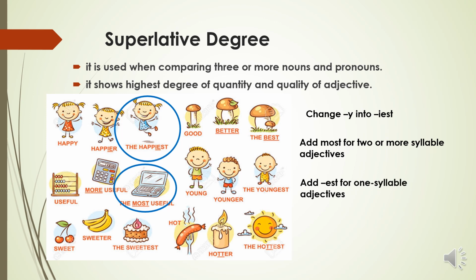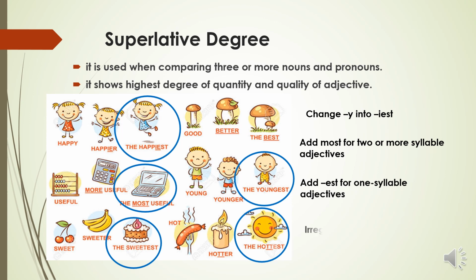And for the adjective that has 1 syllable, we have to add est. For example, sweet, sweeter, sweetest. Young, younger, youngest. Hot, hotter, hottest.